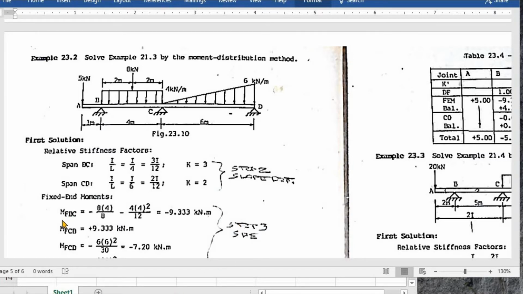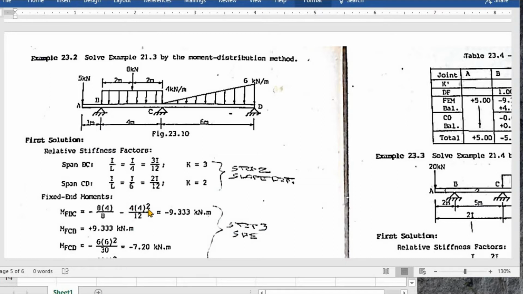So for fixed end moment BC, dalawang equation ang gagamitin mo. Okay? So you have 8 times 2 square times 2 divided by 4 square. Pwede yun. O kaya naman, you simply use PL all over 8. So that is 8 times 4 all over 8. Tapos, yung uniform load, that is WL square all over 12. Okay?